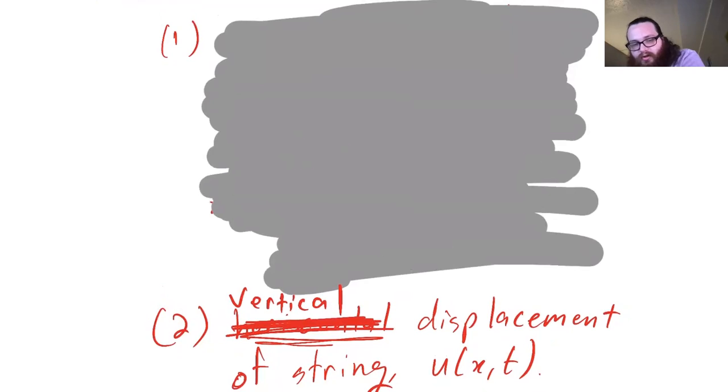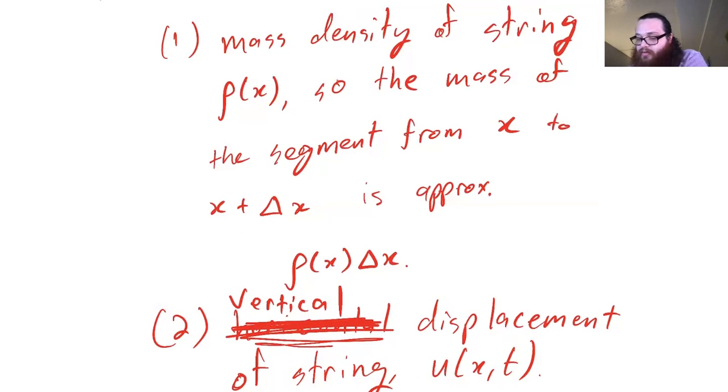But recall from Newton's law, force is mass times acceleration. We're going to want the acceleration of this function u, this vertical displacement, but we also need the mass. For that, we're going to introduce the mass density of the string. We're going to call it rho of x. So what is the total mass of the segment of string from x to x plus delta x?